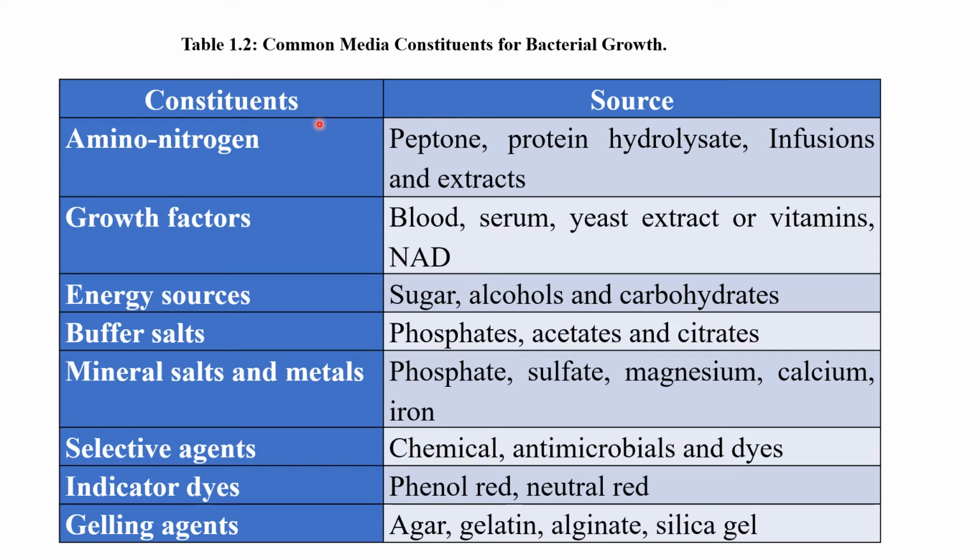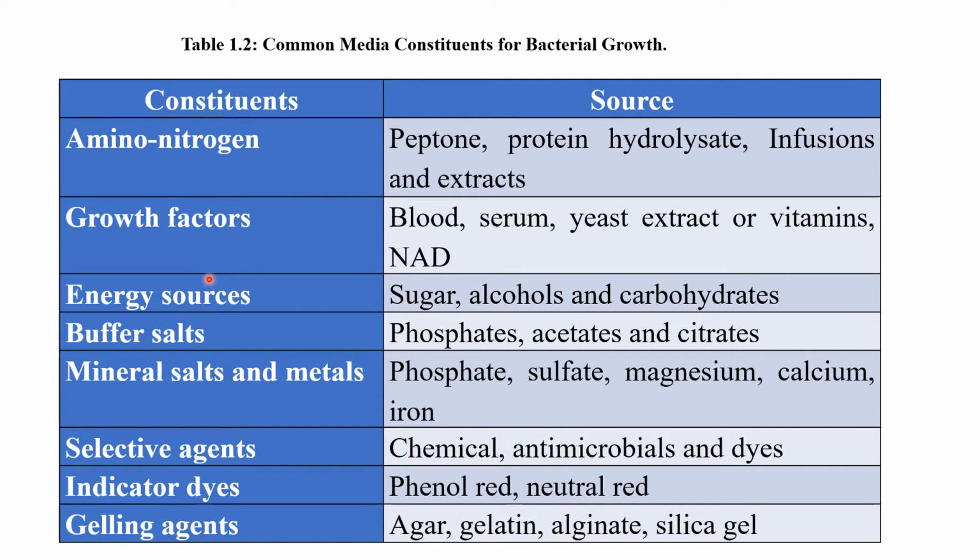So, to provide nitrogen source or the amino element, we can make use of peptone, protein hydrolysate, infusions and extract. To supplement the growth factor, we can make use of blood, serum, yeast extract or vitamins or NAD, nicotinamide adenine dinucleotide.